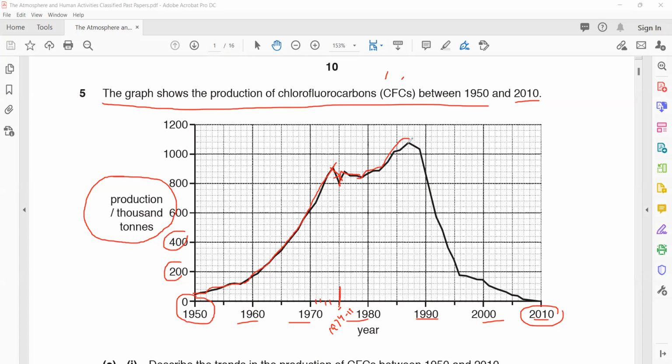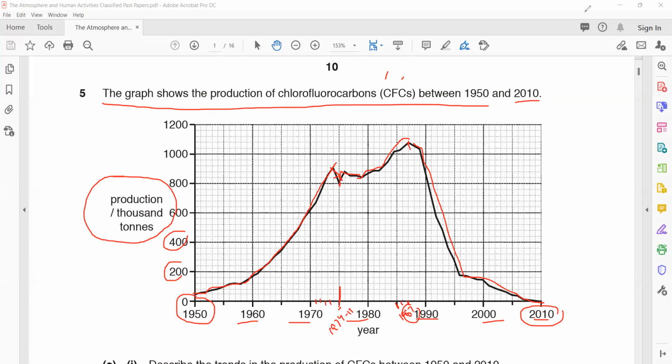But from this point, it's just like 1987, because it's 85, 86, 87. From here it starts to decrease, and there's a rapid decrease, and then a slower decrease. So the whole graph is described in this way.